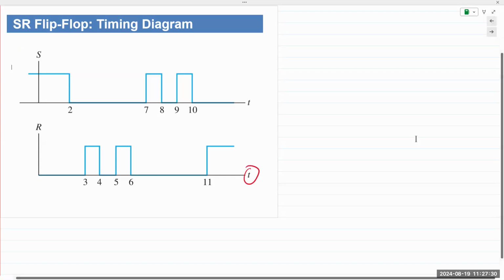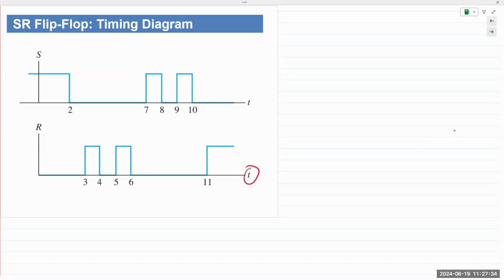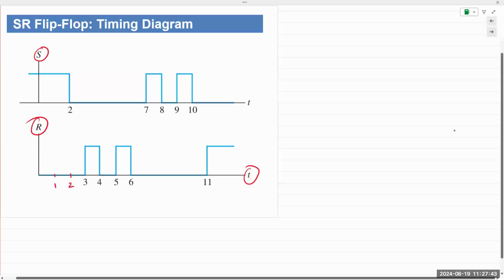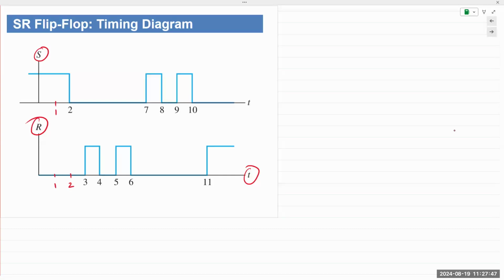We simply refer to a high or low state. Okay. So here is S set, and here is R. So between 1 and 2, S is 1, and R is 0 and 0.